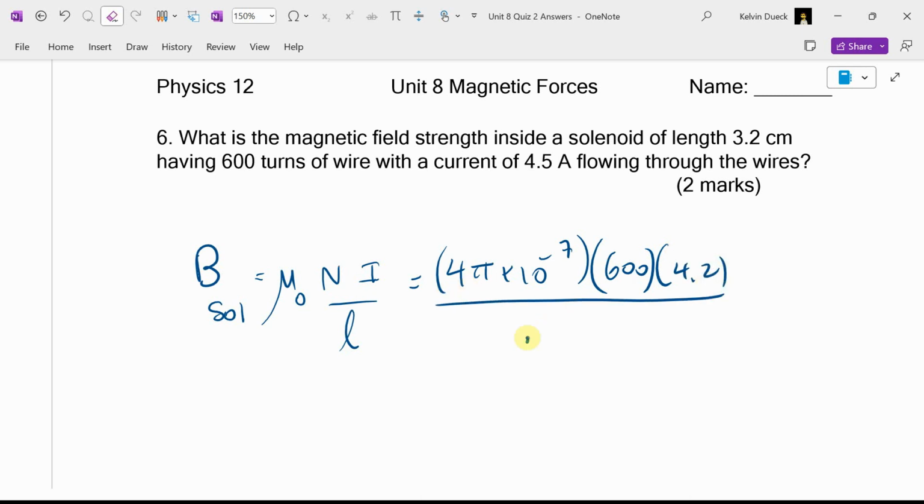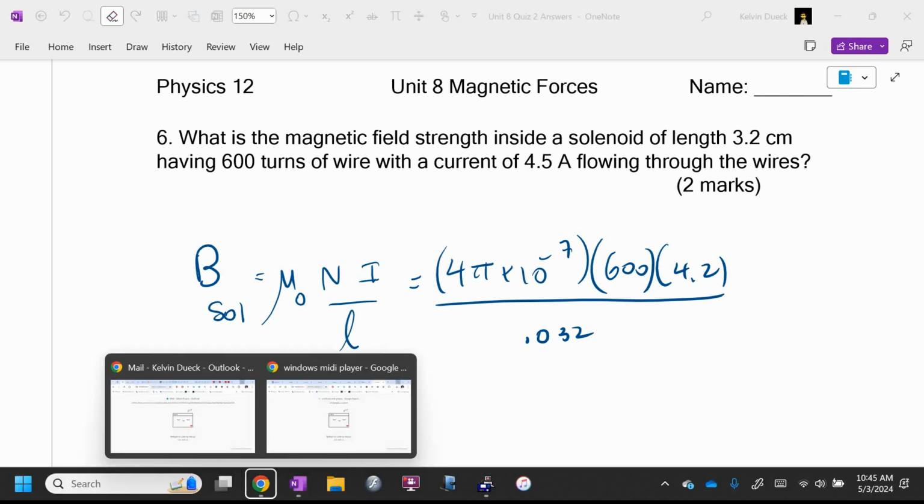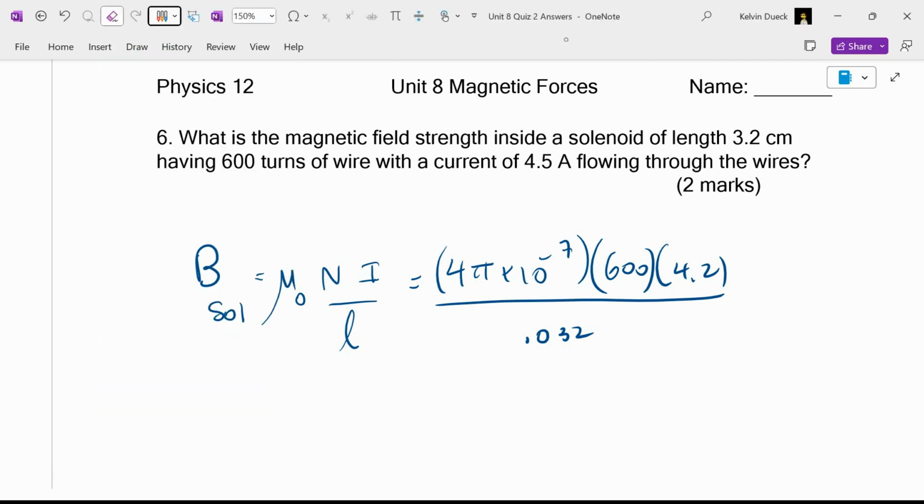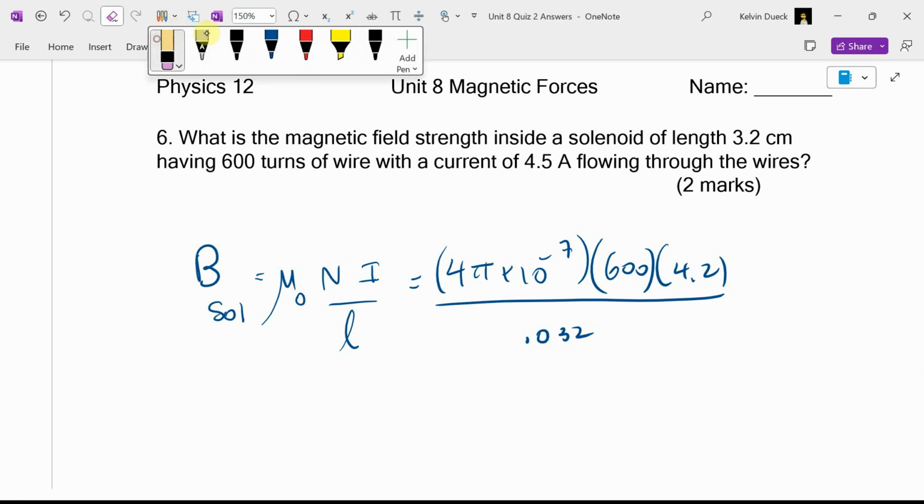And nice try, Dueck, 0.032 meters, not 3.2. 4 pi times 10 to the negative 7 times 600 times 4.2 divided by 0.032. 4.5. Why did I write 4.2? I don't know. Let's fix that. I even wrote it wrong. Give me a second here.